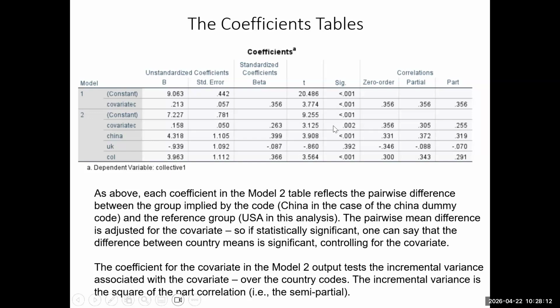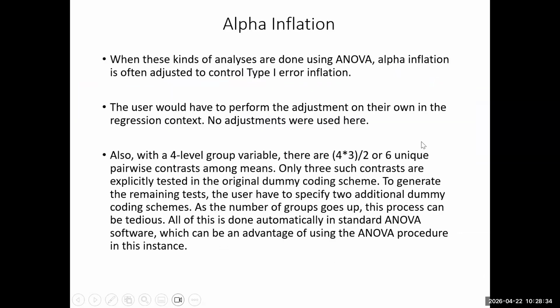It is statistically significant. And then the effect size estimate associated with the covariate can just be the square of the part correlation, which is the semi-partial correlation squared. And in this case, I believe that 0.255 squared is accounting for about 6.5% of incremental variance in collectivism.